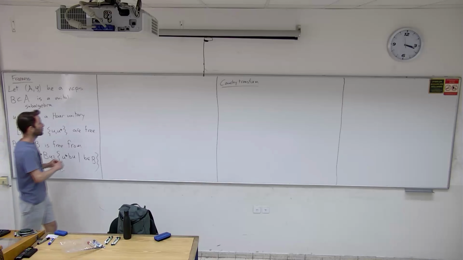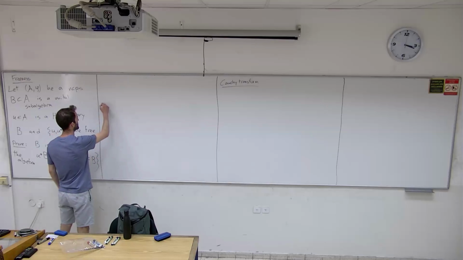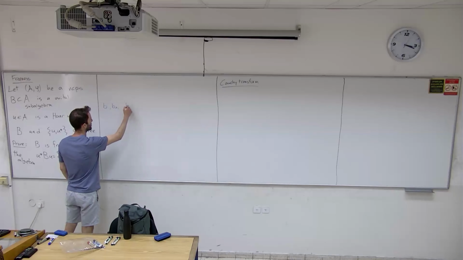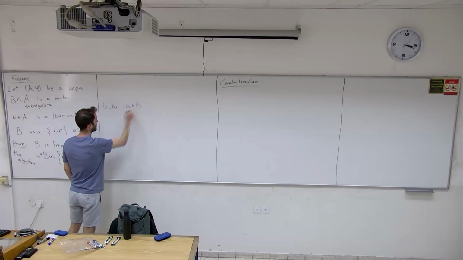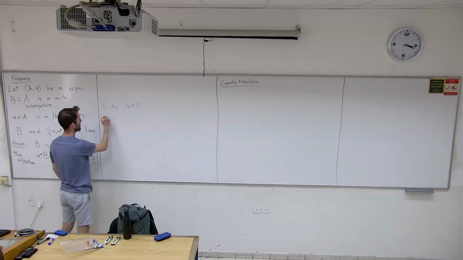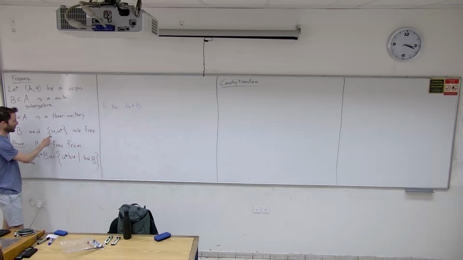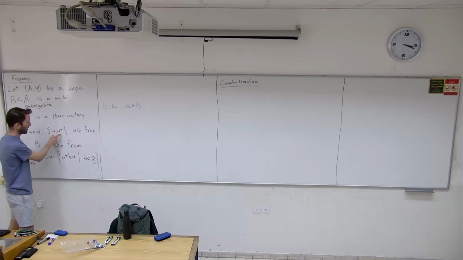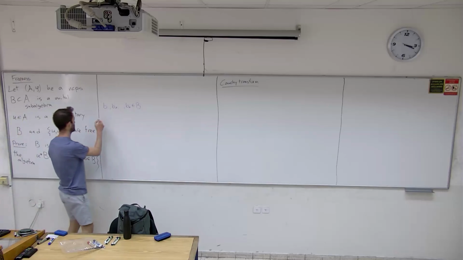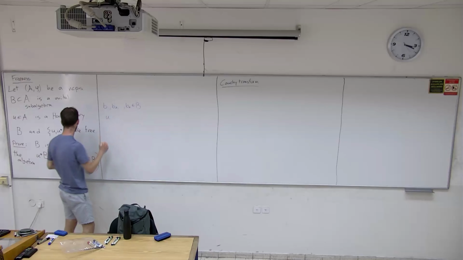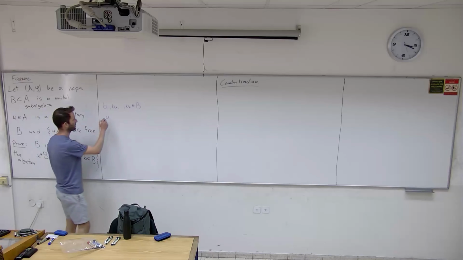It means that whenever I have elements, say b1 up to bk in B, and elements that are formed by powers of the Haar unitary.